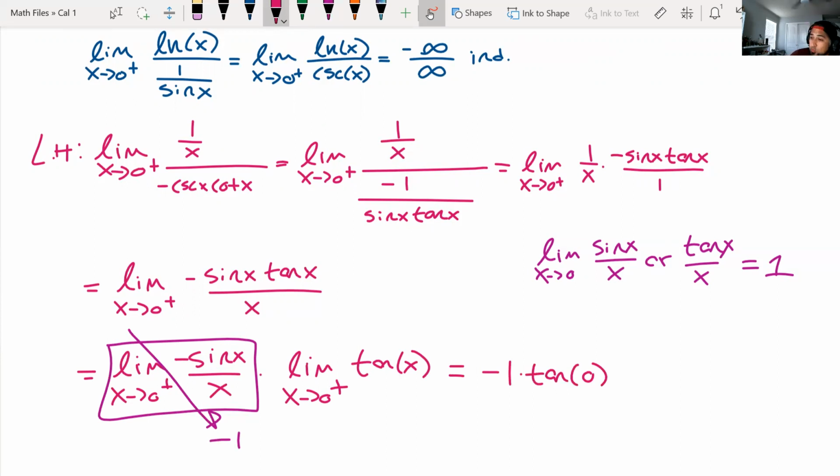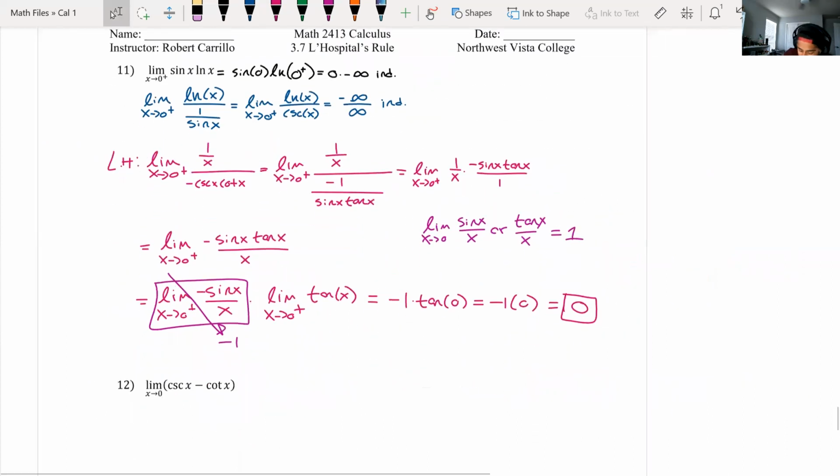What is tangent at 0? 0. So negative 1 times 0. And all of this is just 0. So gross, right?